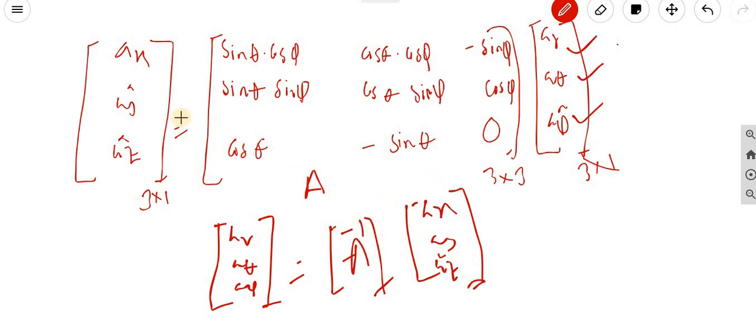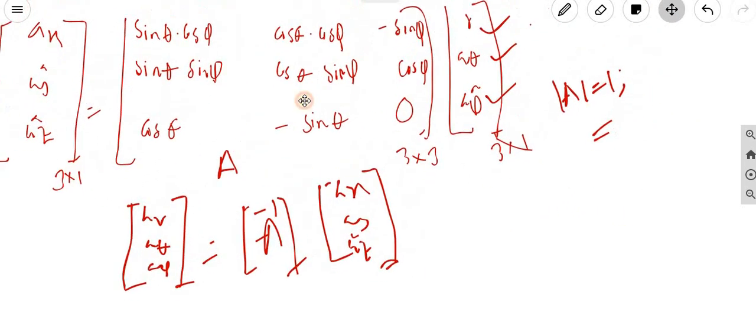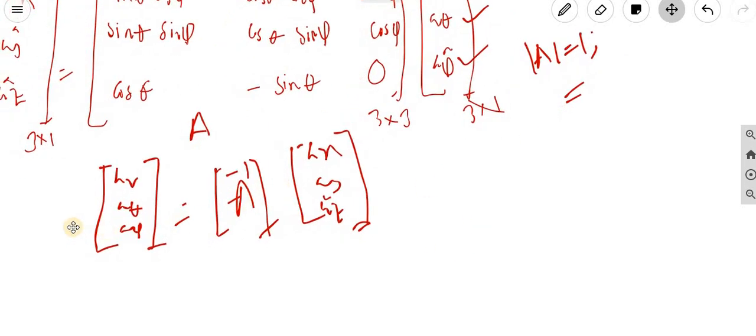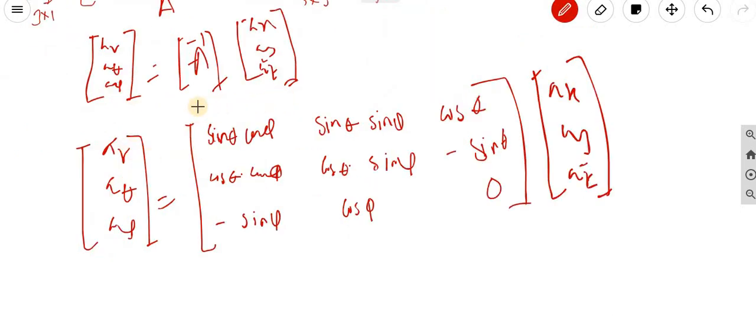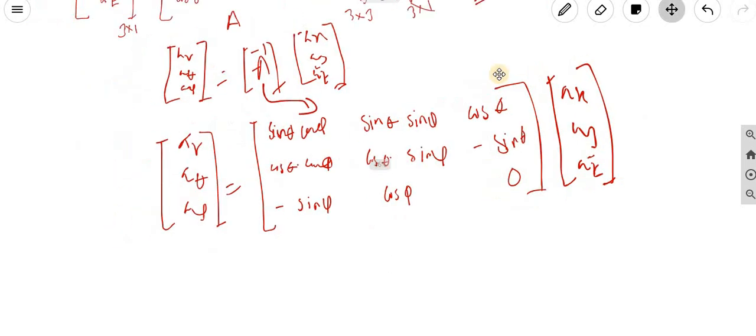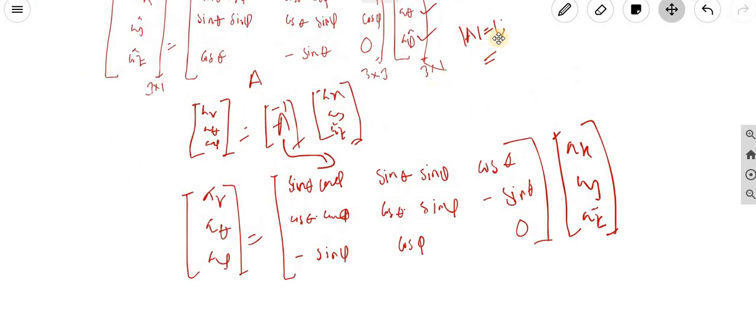Okay. As the same way we discussed in the cylindrical coordinate system, it is the relationship between the unit vectors of the Cartesian coordinate and the spherical coordinate. The magnitude of A is 1.